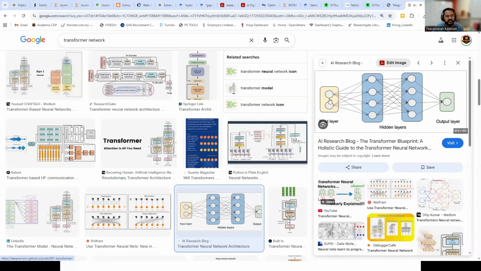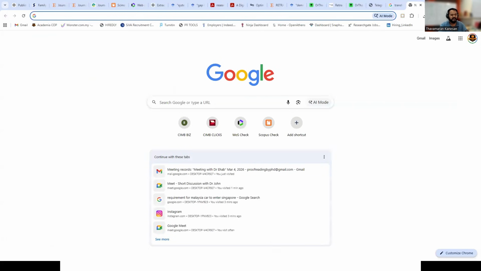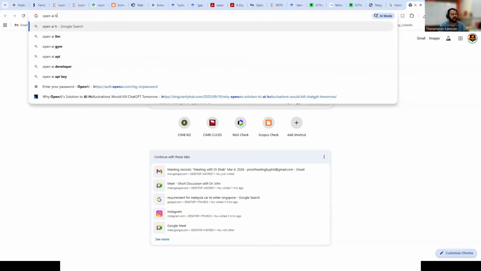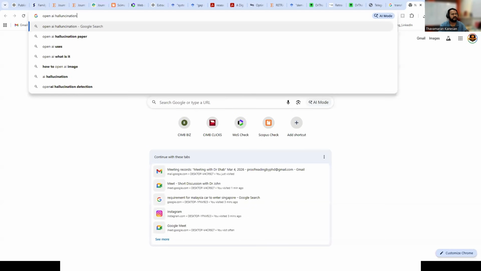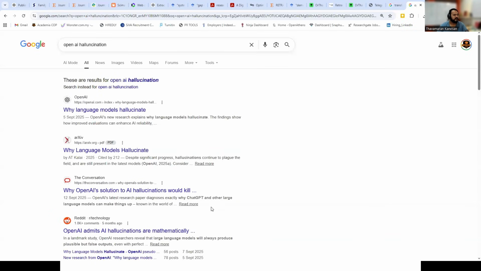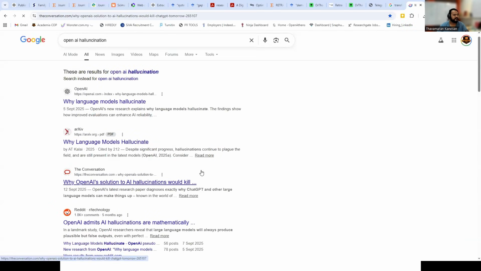When you put a token inside, if the model doesn't have the answer for you, the condition is set, set by the people who are selling the software, that if you don't know, start creating stories. Whether you believe me on this or not, this is the truth. You can go here, put OpenAI hallucination.